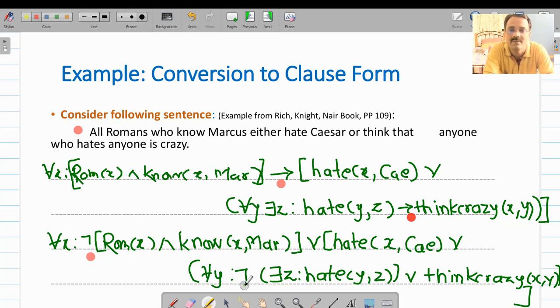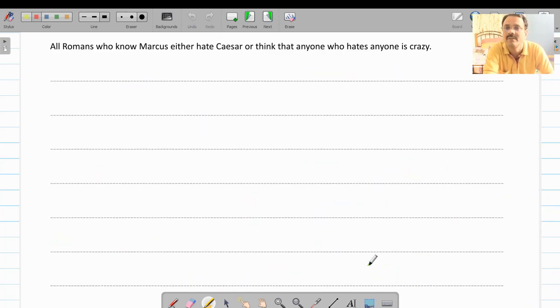Now the scope of this not is for both there exists z as well as hate. So apply De Morgan's law, which will give you for all y, for all z, not hate y z, and the remaining formula as it is. So let us apply step number 2. After applying step 2, you will get the equivalent formula.